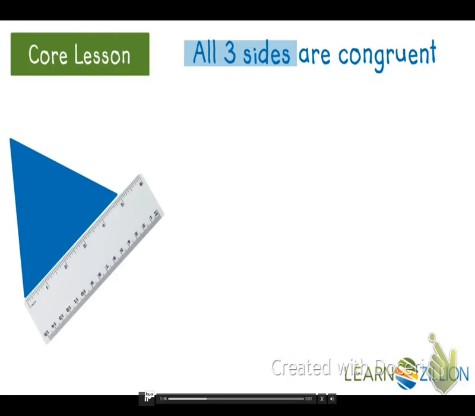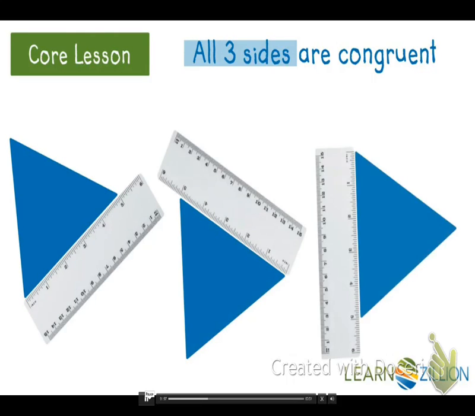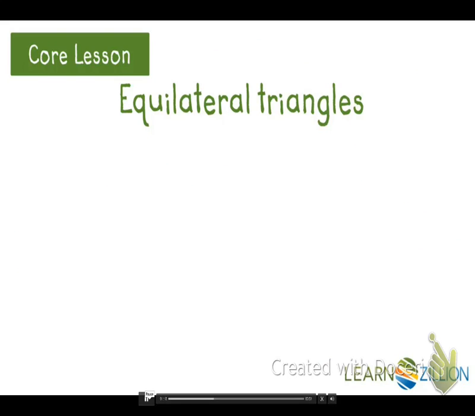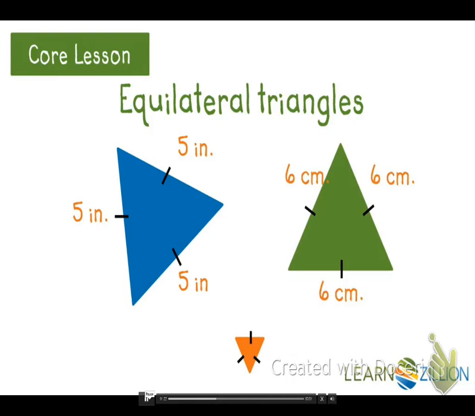You can see that all 3 sides are the same length, 5 inches. We call these triangles equilateral triangles. All of these equilateral triangles have congruent sides. We use tick marks to show that the sides are equal.